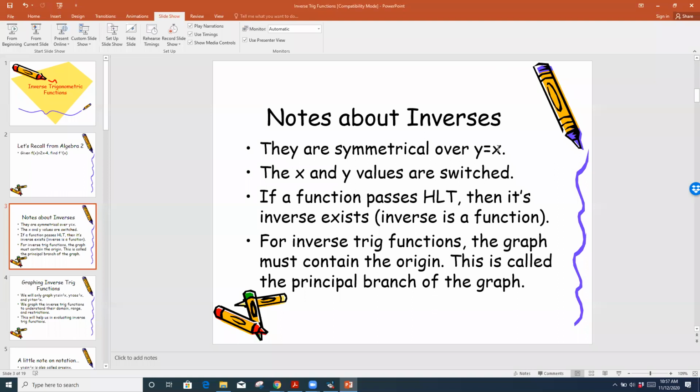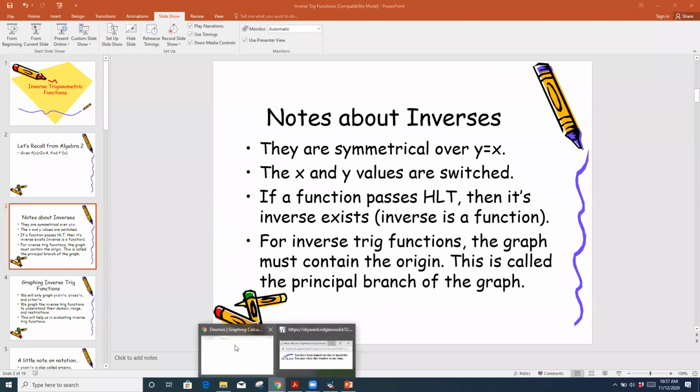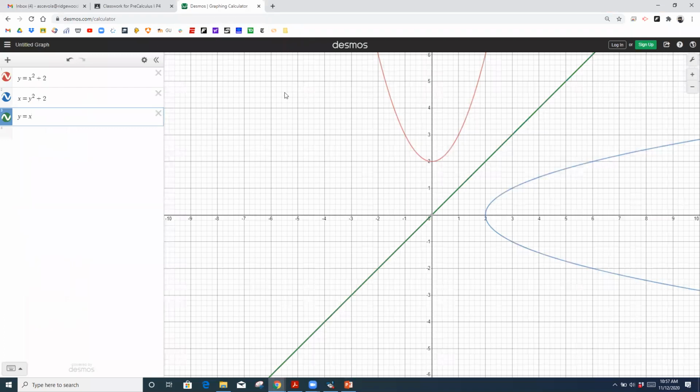All right, but just back to this Desmos graph I did. Notice how the red graph does not pass the vertical line test, right? If I draw a vertical line through it, it hits it at 2 points, which means when I switch x and y, sorry, that's a horizontal line.